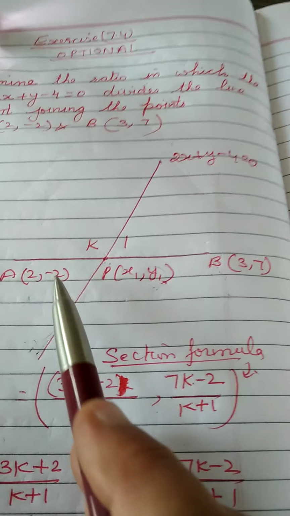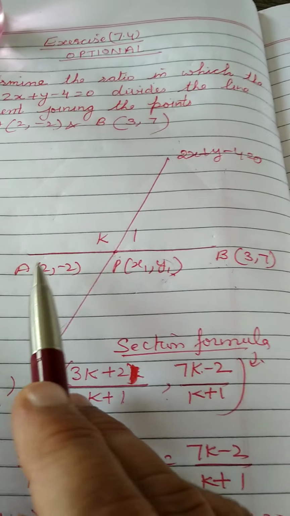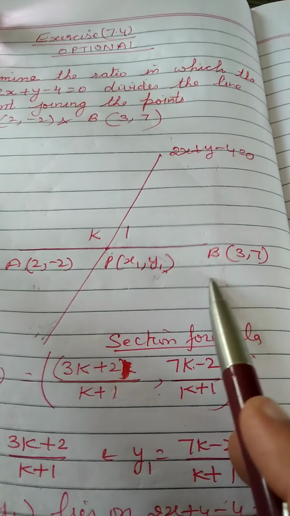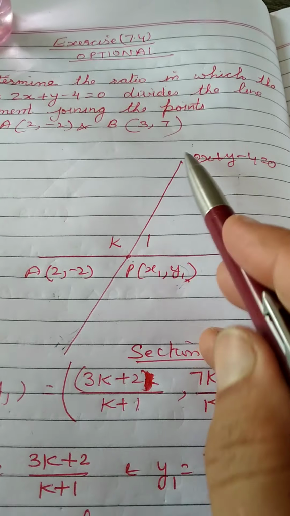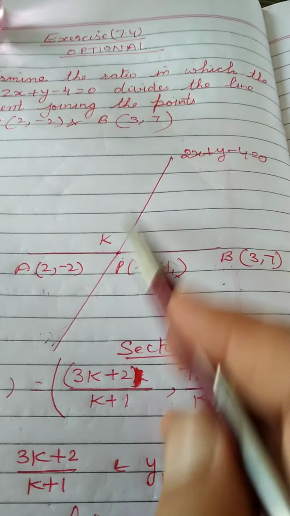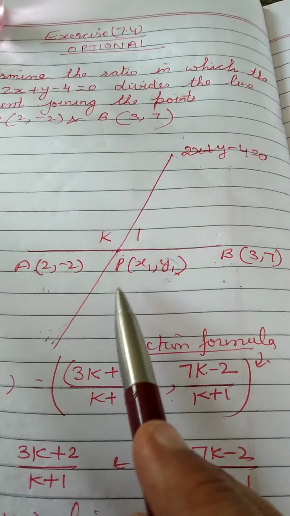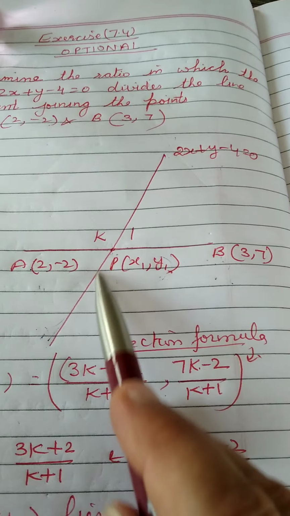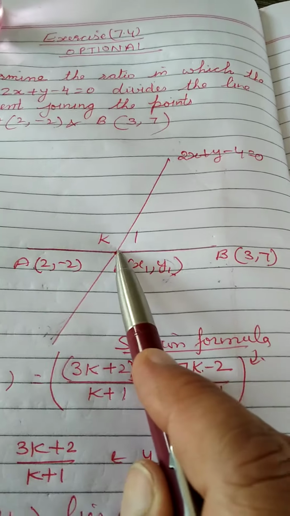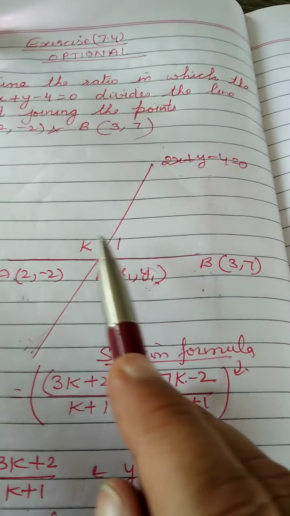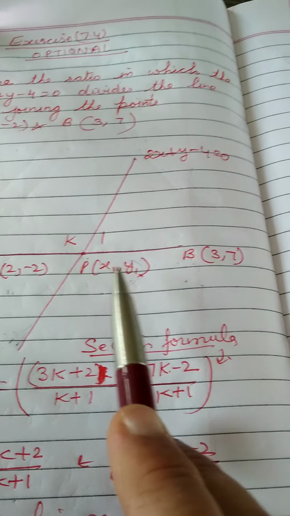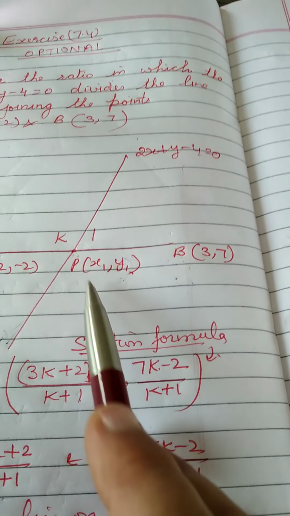Once again, see what we have done in this question. Coordinates of A are (2, -2), coordinates of B are (3, 7), and the line 2x plus y minus 4 is dividing this line in the ratio k : 1, and P (x1, y1) is the point lying on both of the lines because it is the point of intersection. Then we apply the section formula to find x1 and y1 in the form of k.